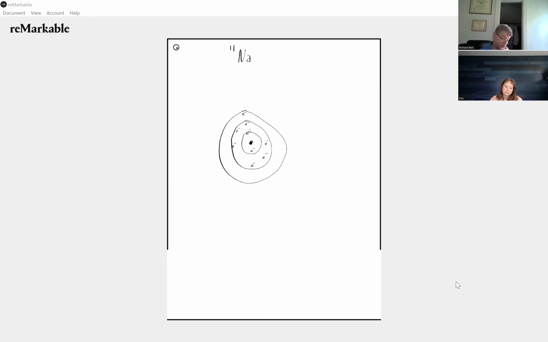Before we go any further, I want you to notice that the only electron that interacts with other atoms is in the outermost shell. There are 3 shells. Only the electrons in the outermost shell interact. All right, well, we call this ground state. Ground state simply means lowest possible energy.